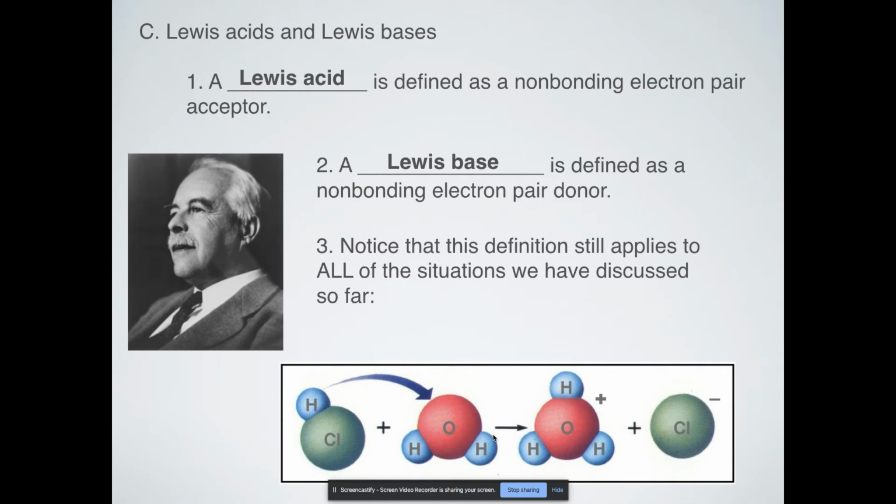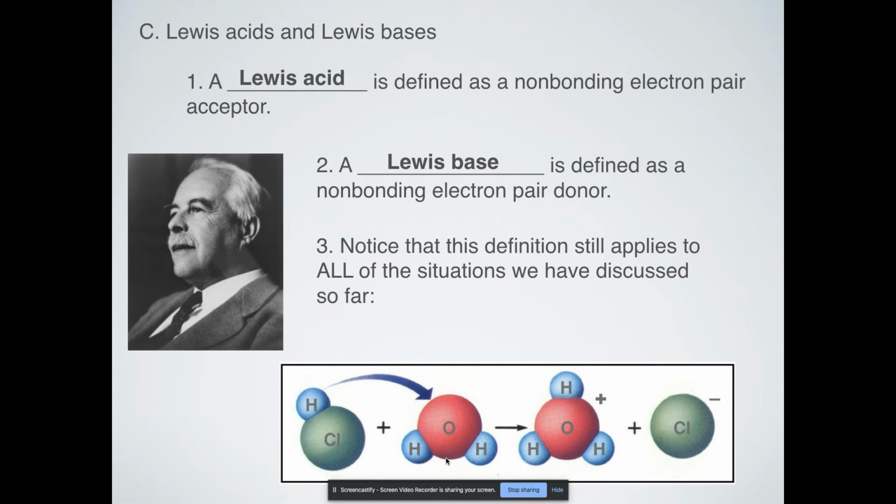But if we're looking at the electrons, what's actually happening with the electrons? So think about this. We have two lone pairs of electrons on this water. These are non-bonding pairs of electrons, and that means that the hydrogen is going to be accepting those electrons in order to make H3O+. So what does that mean? That means this is a Lewis acid, and this is a Lewis base.